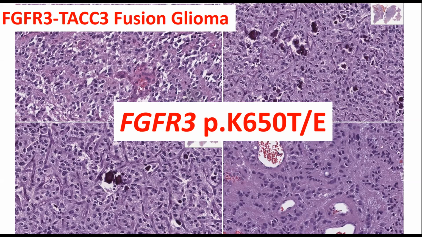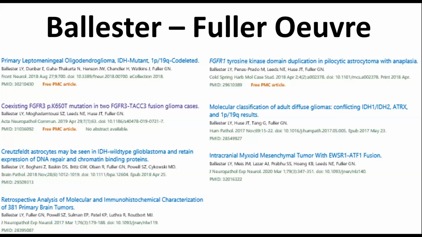Have a look at it and see, and it could lead to the diagnosis. Okay, this is the entire Ballester Fuller oeuvre. I'm sure everyone was questioning how many papers there are. Well, there are 7 in the series so far. It's all great stuff. Look at the top left, primary leptomeningeal oligo, proven IDH mutant 1p19q codeleted. We have known about tumors that were histologically primary leptomeningeal, over the cerebral hemisphere in the subarachnoid space.